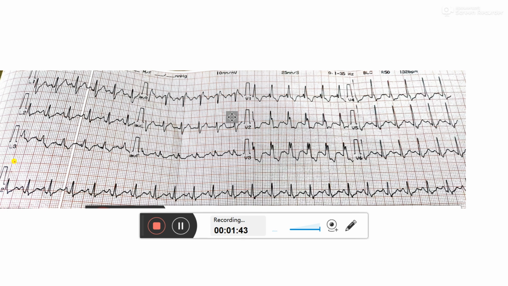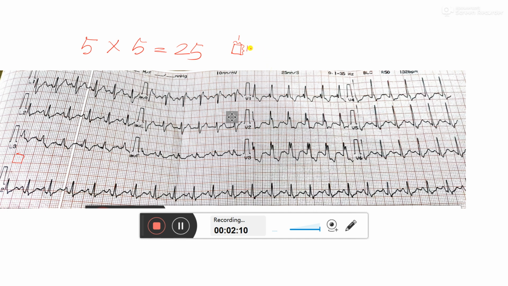Horizontally it has 5 boxes, and vertically also 5 boxes, so 5 into 5 means 25 small squares. Okay, and a small square is 1 millimeter into 1 millimeter.